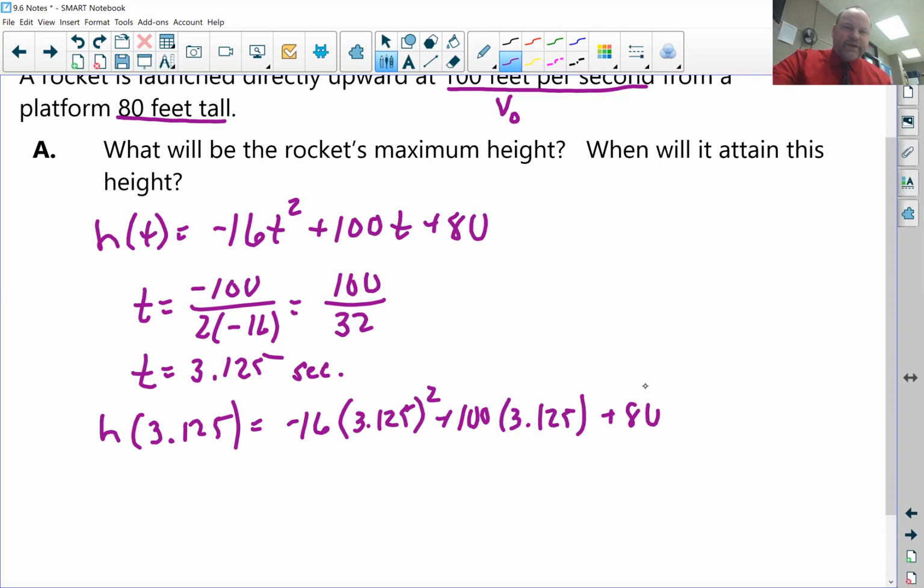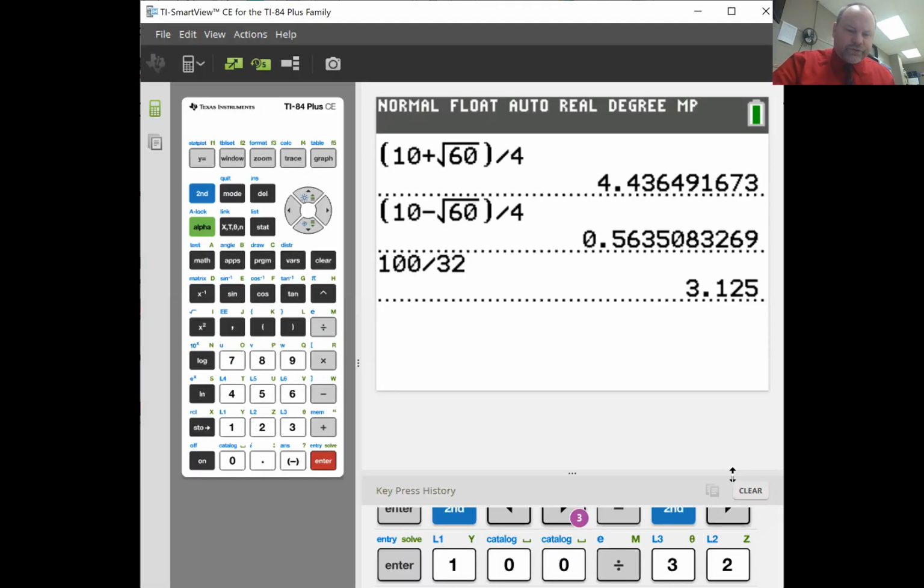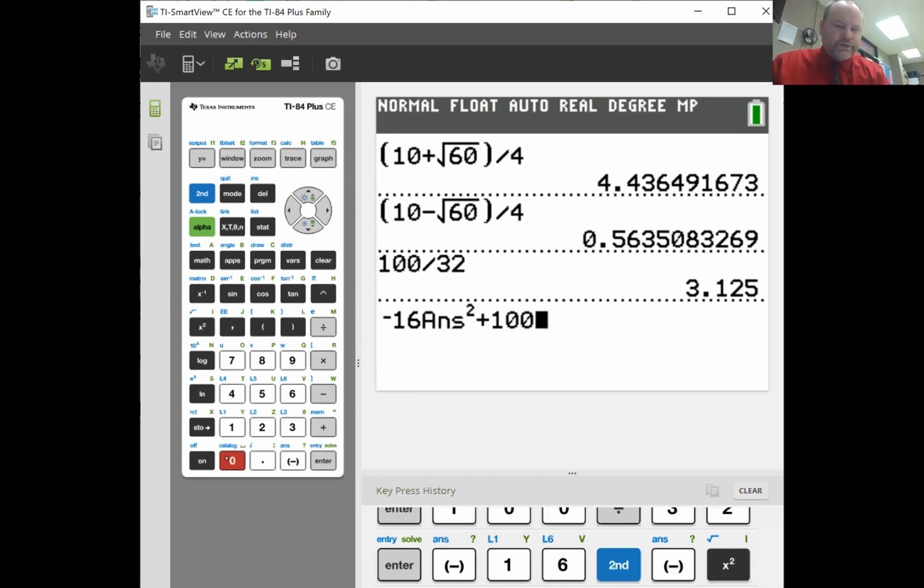And again, I'm going to use my calculator to figure that out. Another little trick: that 3.125 is my last answer. So if I go second and the negative sign, I don't have to type it all in. It's just going to plug in 3.125, or whatever my last answer happened to be, plus 100 times my last answer, plus 80.